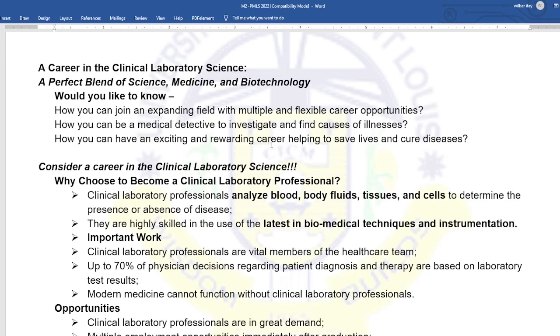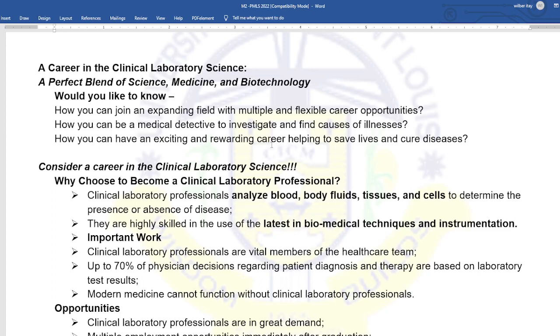But remember that there are different career opportunities for medical technologists. Always remember that we conduct laboratory tests using laboratory procedures with the help of machines in order to help in the diagnosis and treatment of diseases that will improve the health of the public or a human being.